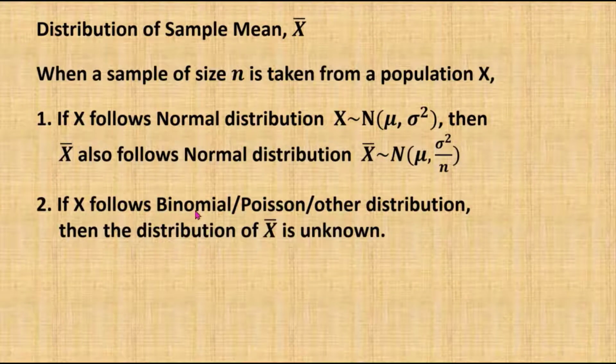If X follows a binomial distribution or Poisson distribution or other distribution, then the distribution of the sample mean is unknown.